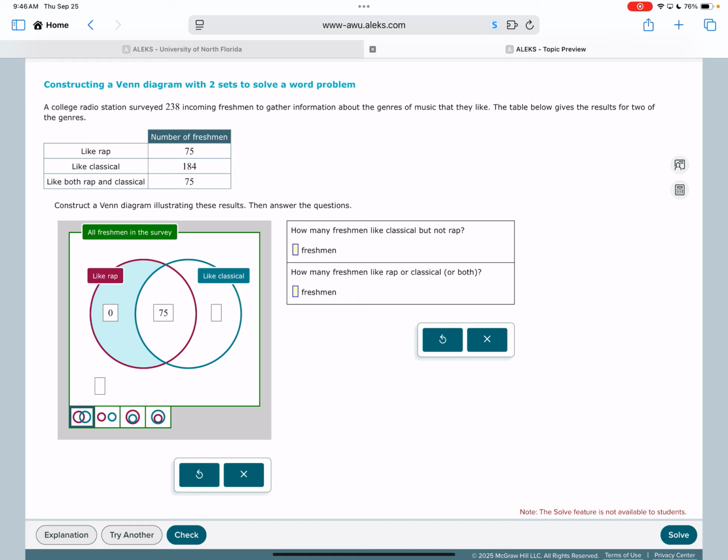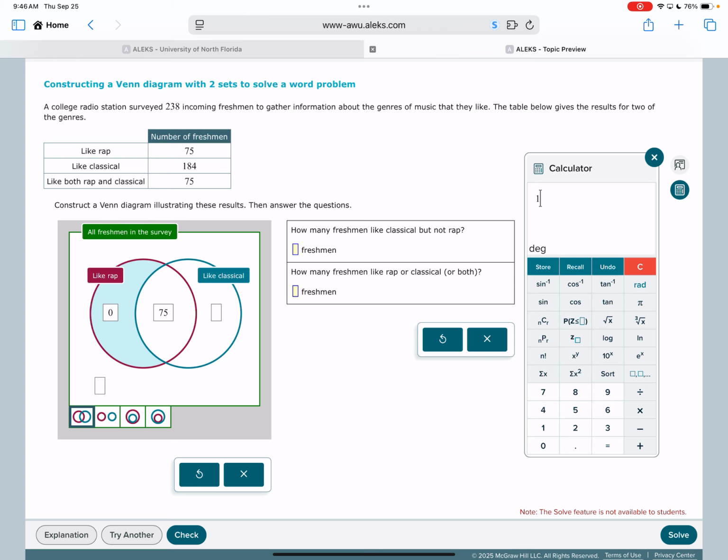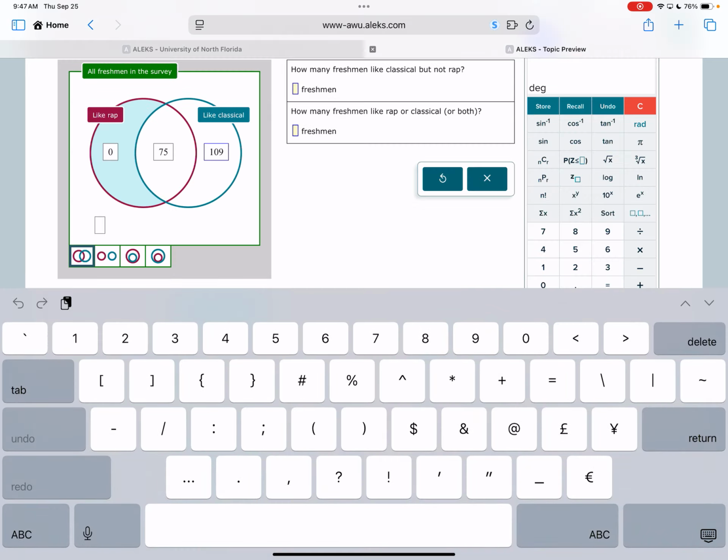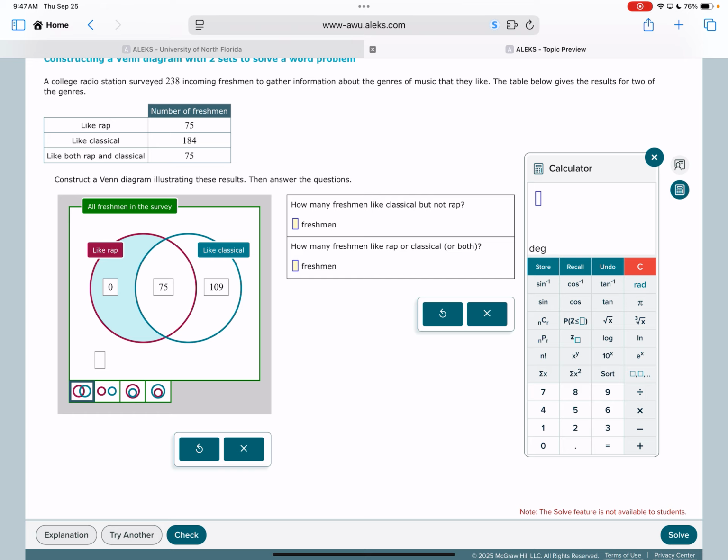In the classical one, there's 184 that like classical, but there's already 75 in that circle. So I subtract them, and it's 109 right there. Okay? So everything in the classical circle right there adds up to be 184. So this is why it's always nice to start in the middle and work out on these problems to make sure you get those numbers right.